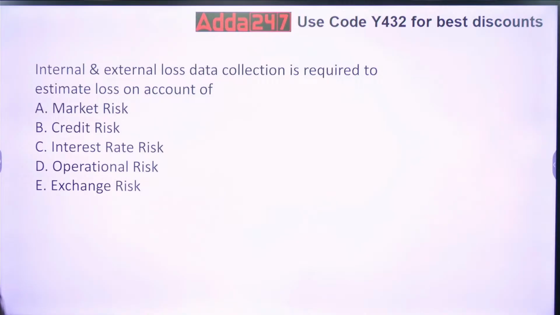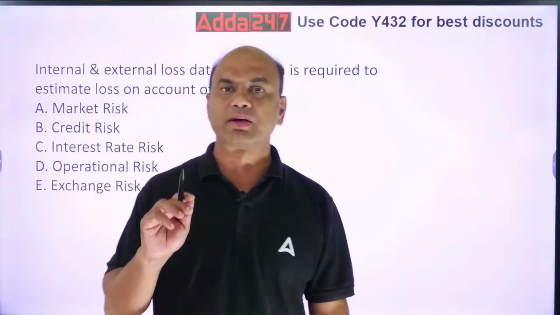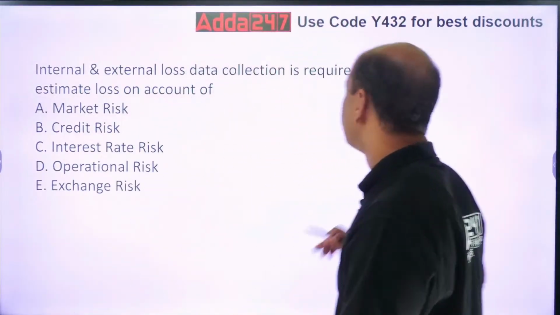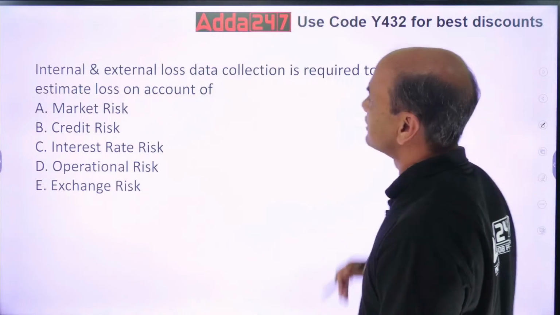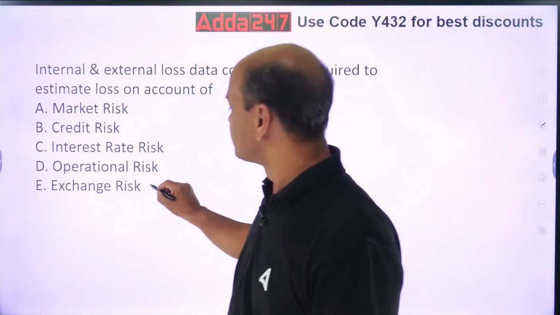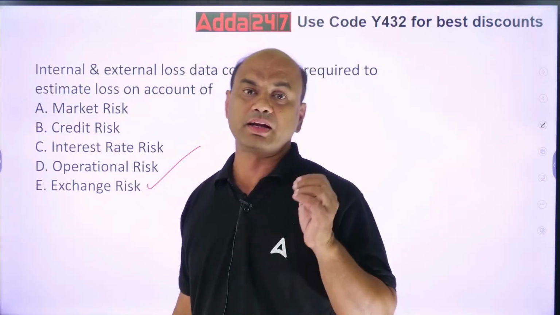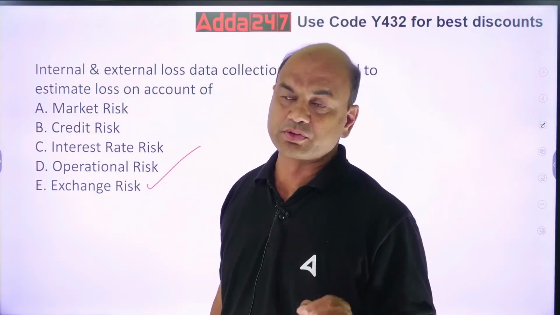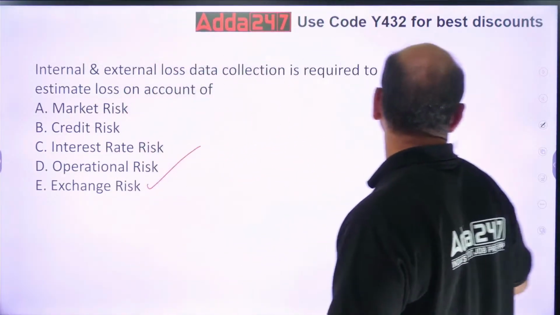Generally, these two terms, internal and external loss data, are always used for exchange risk. Always remember, internal and external loss data is always used for exchange risk. Got it? Next.